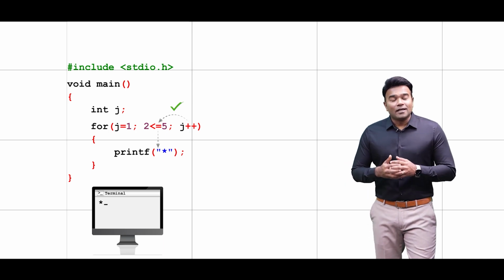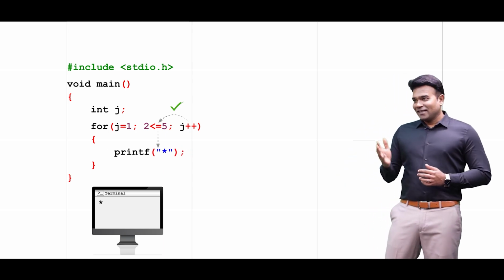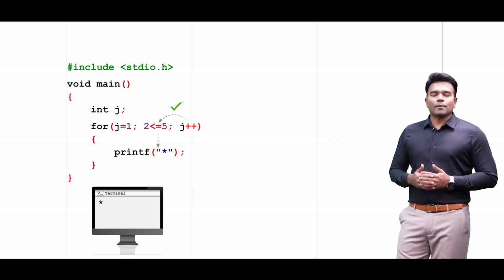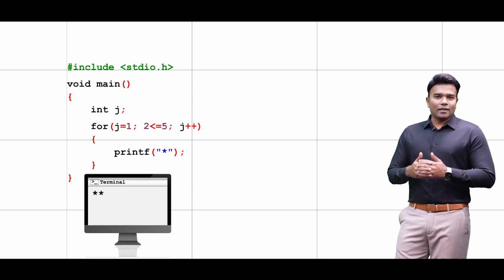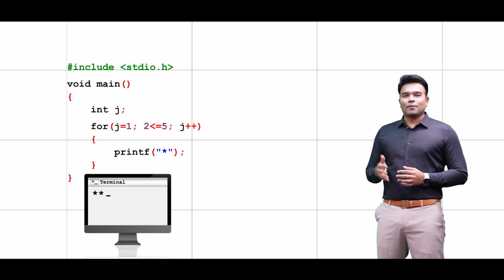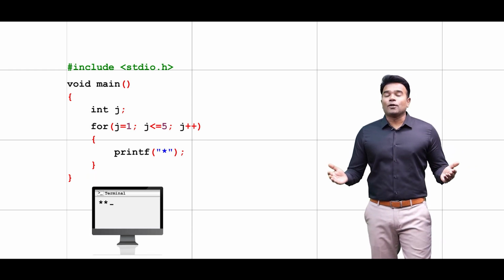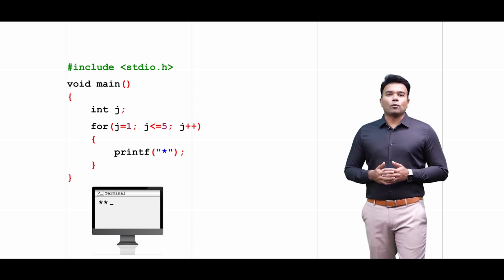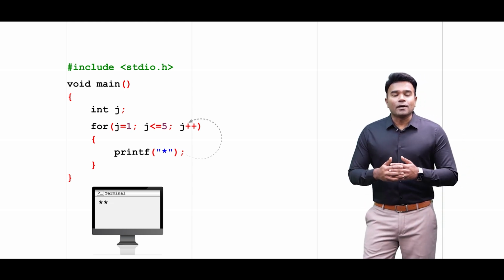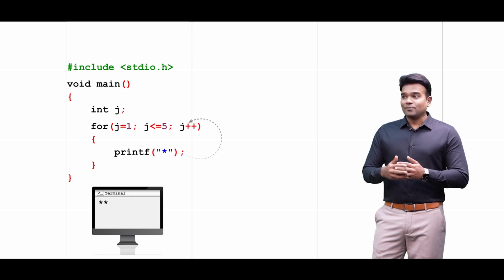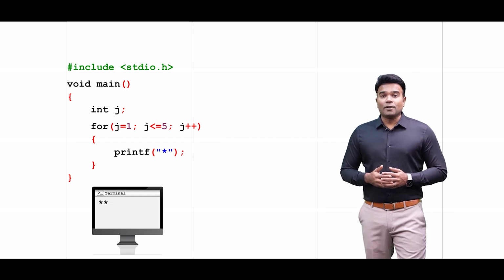Now the same print command is executed the second time, and when it is executed the second time, another star gets printed beside the previous star and the cursor moves ahead. But even after this, the control does not go out of the loop. Rather, it goes to the incrementation, and this time due to the incrementation of j, the value of j becomes 3.